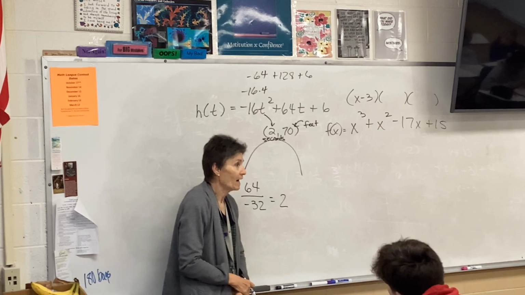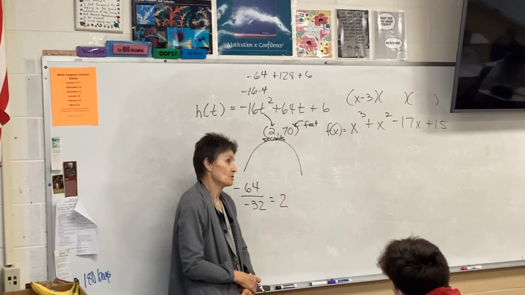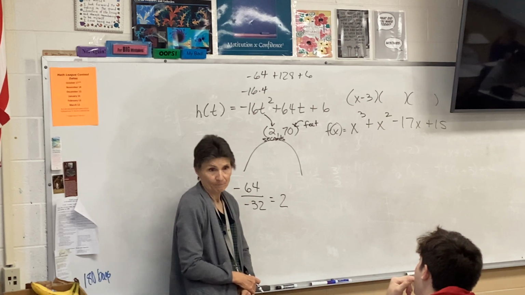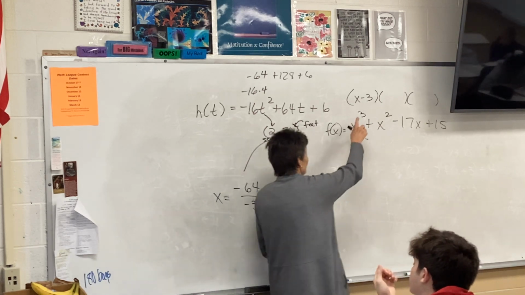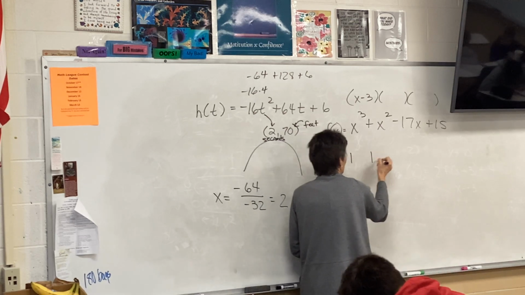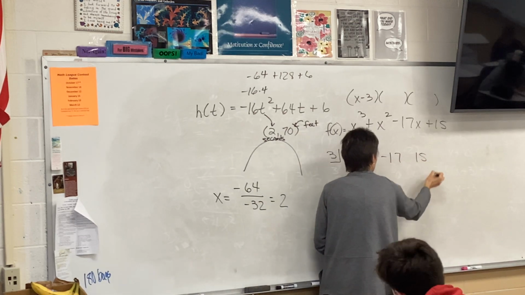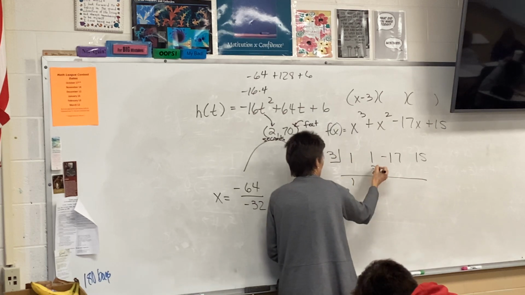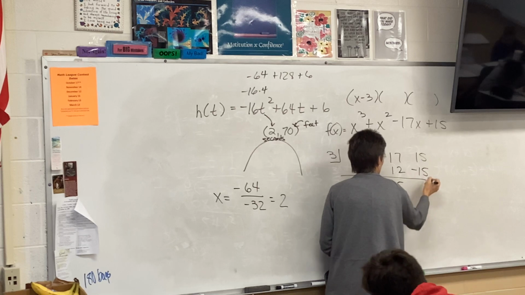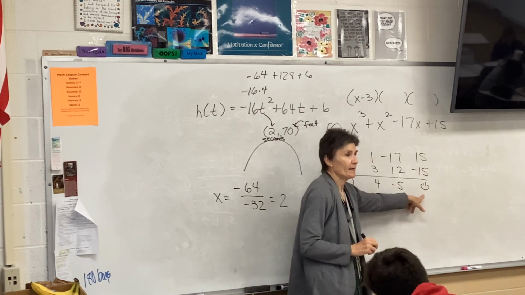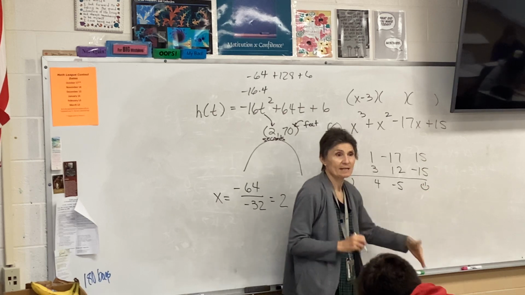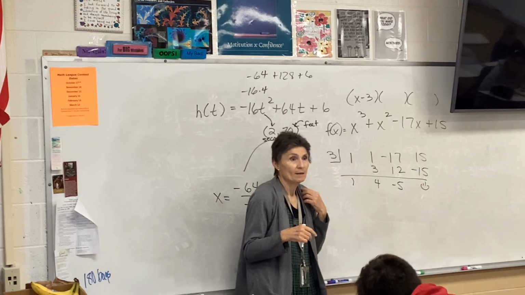Divide, divide, divide. That's what you're gonna do. When in doubt, synthetically divide. Okay? So if I'm gonna divide, what's gonna go in the box? 3. Did we know we were gonna end up with a 0 there? Yeah, we absolutely knew that because they told us this was a factor.